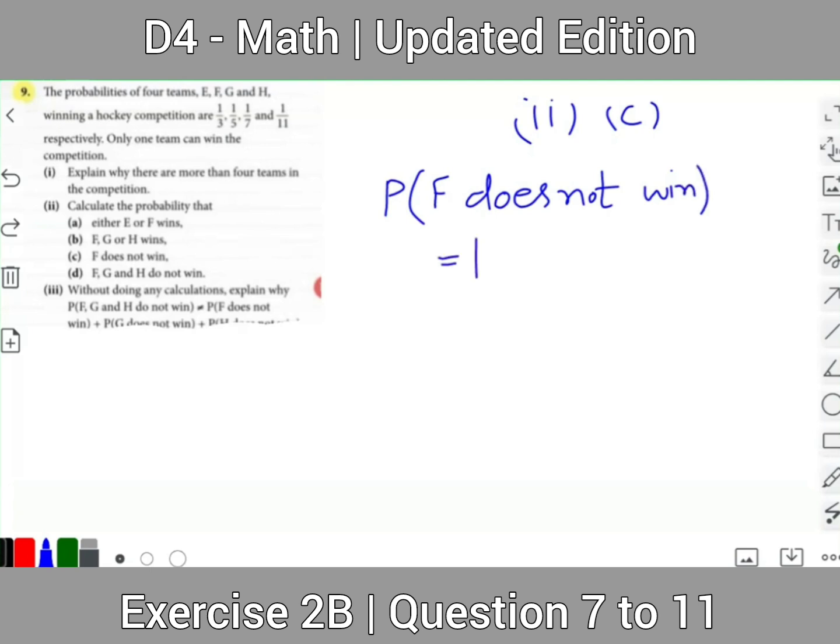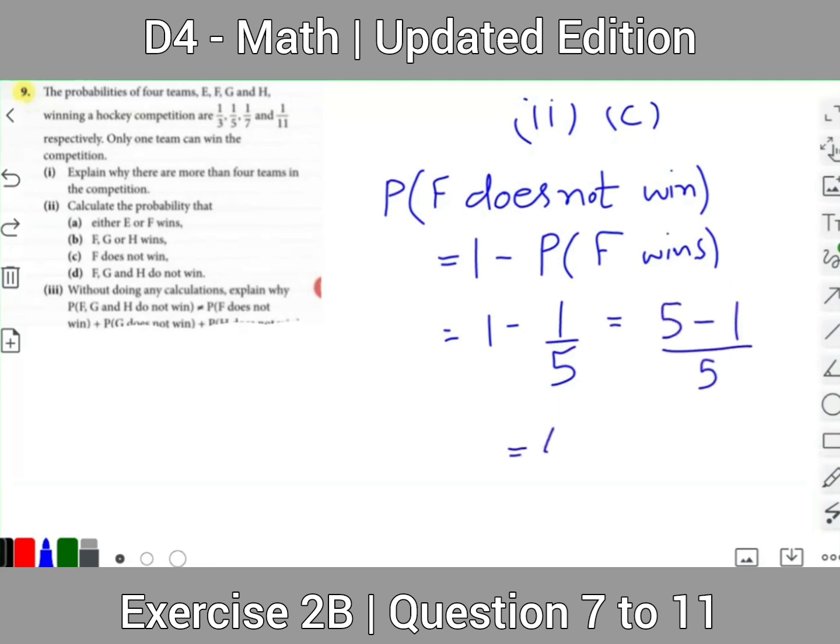So we can find out just by subtracting the probability of F wins from 1, and that was 1 minus what is the probability of the F wins, and that is 1 over 5. So here we have 5 minus 1 over 5, and it will become 4 over 5. So the probability that F does not win is equals to 4 over 5.